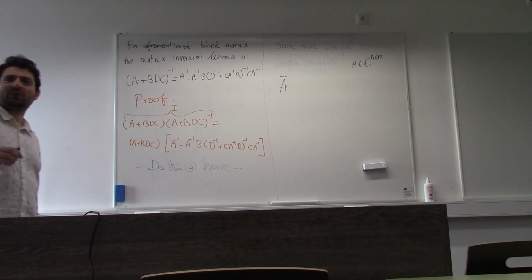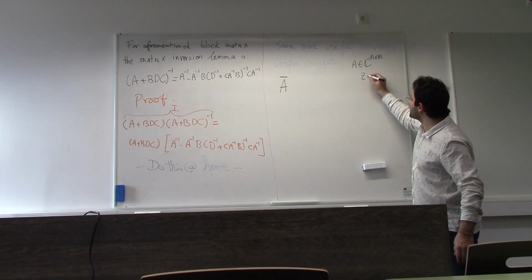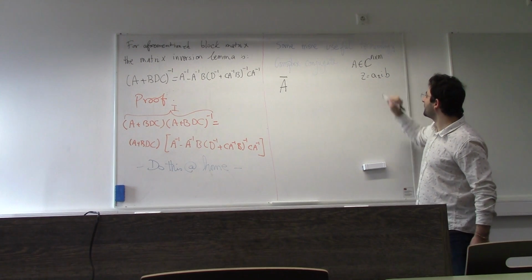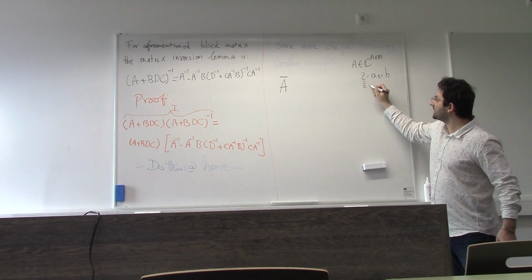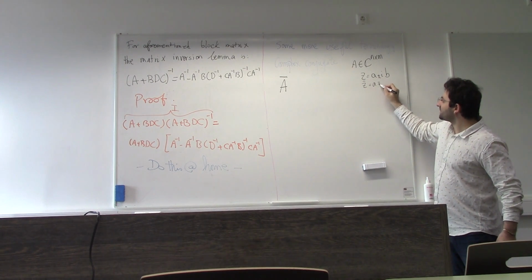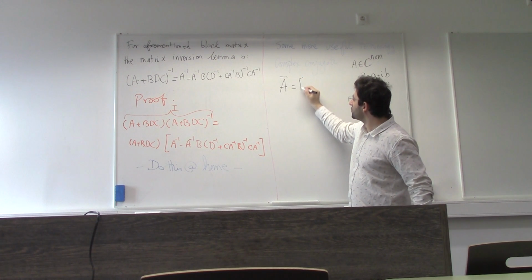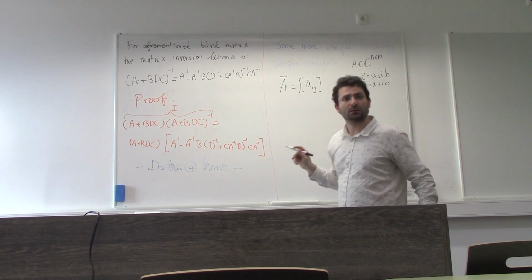What is a conjugate? Do you remember what is conjugate in complex numbers? If Z is A plus or minus IB, which is a complex number, the conjugate of Z is A minus or plus IB. So if we have a matrix and we are conjugating, all its elements are conjugated.